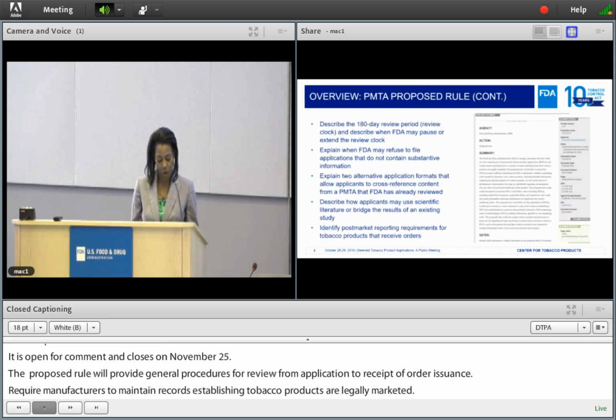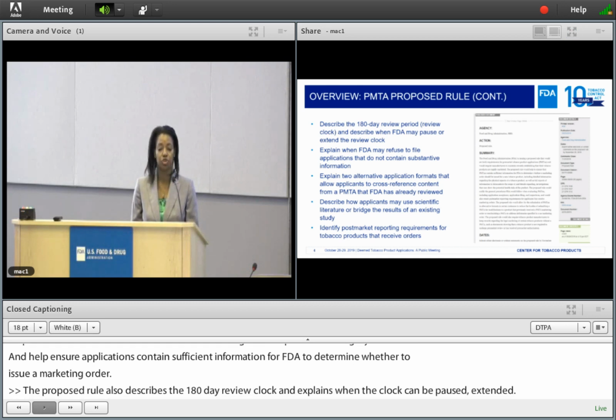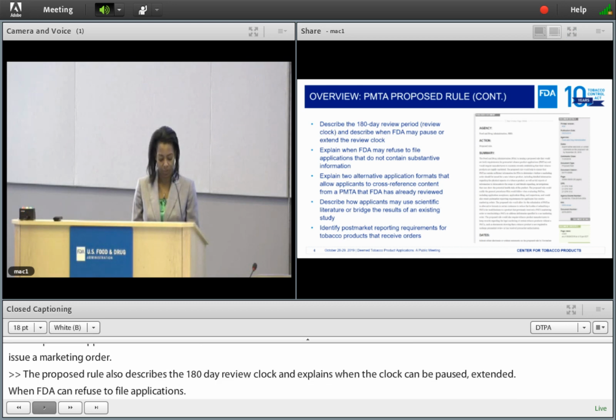The proposed rule also describes the 180-day review clock and explains when the clock can be paused or extended, when FDA can refuse to file applications, explains the different types of applications, allows applicants to cross-reference an existing application, describes how scientific literature or bridging can be used, and identifies post-marketing reporting requirements.